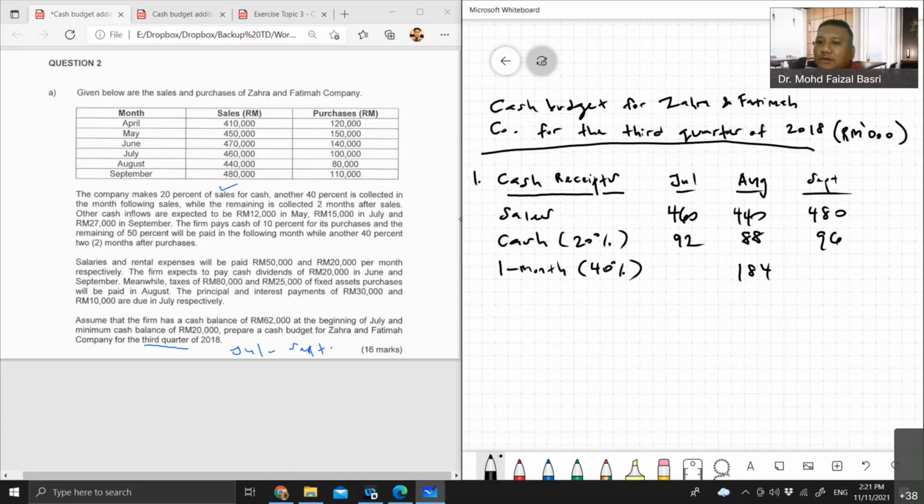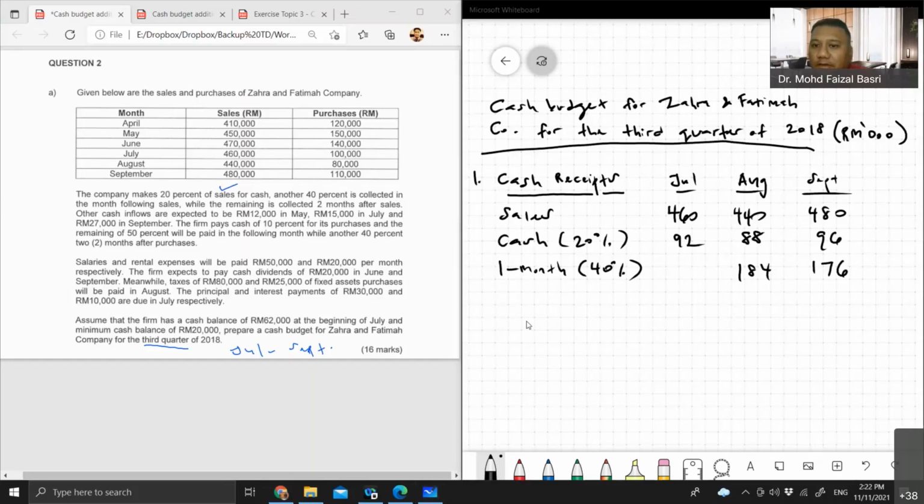Similarly, if you refer to August's sales, 440,000, and you multiply by 40%, 176,000. So 1 month after August will be September. So you're going to put 176,000 here. Okay. And now you have one spot empty here.